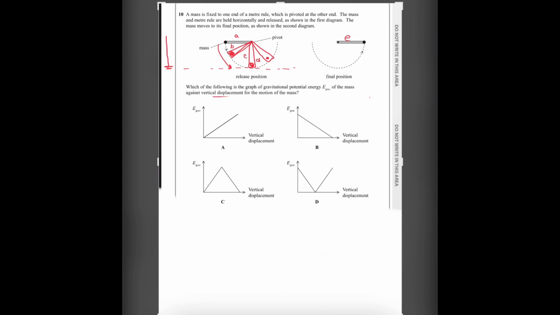So this is actually the gravitational potential energy mgh. So when the vertical displacement is 0, the mgh is maximum.